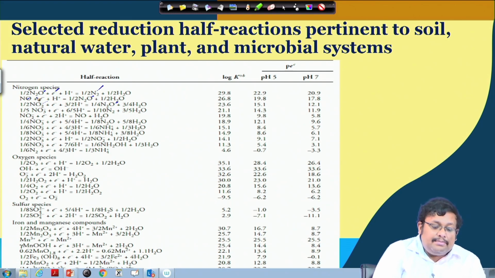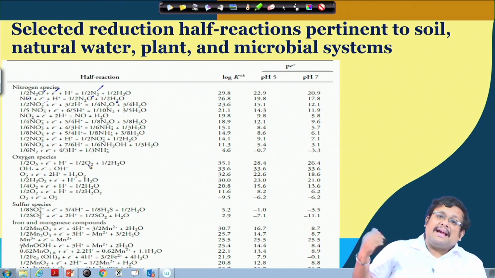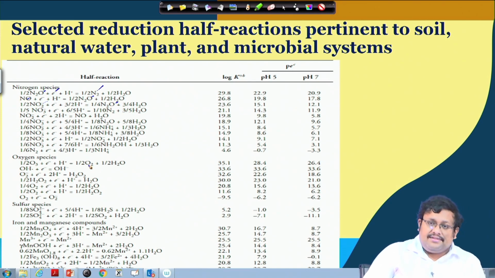Examples given are nitrous oxide to nitrogen, nitric oxide to nitrous oxide, nitrogen dioxide to nitrous oxide, nitrate to elemental nitrogen, nitrogen dioxide to nitric oxide, nitrate to nitrous oxide, nitrate to ammonium, nitrate to nitrogen dioxide, nitrate to NH2OH, and nitrate to NH4 ions. So, by accepting electrons, the oxidized species of nitrogen can be converted into reduced forms of nitrogen.